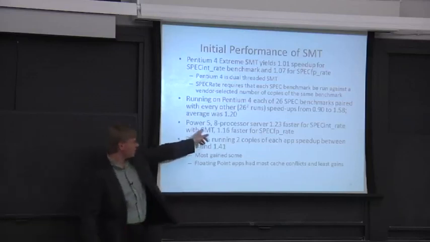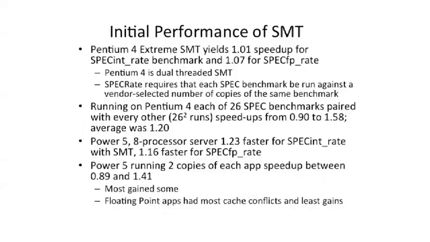The Power 5 did a lot better here. They thought a little bit harder about sharing structures, duplicating structures, and allocation of different resources. On SPECint rate, they were getting a 23% improvement for their 25% area. OK, well, this might actually be a good idea. It might have some value.